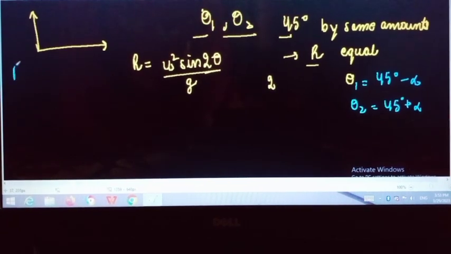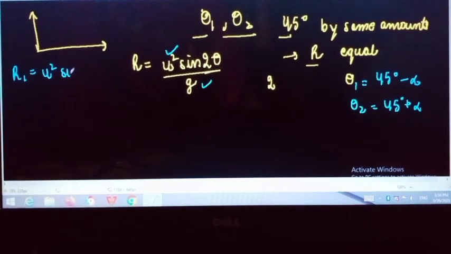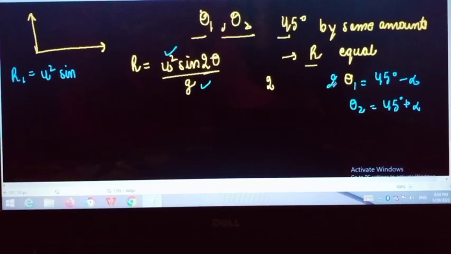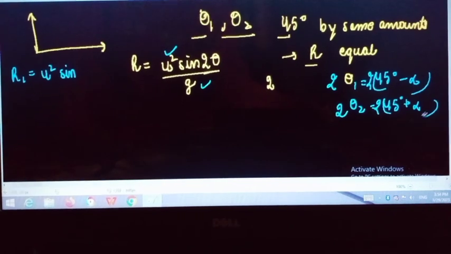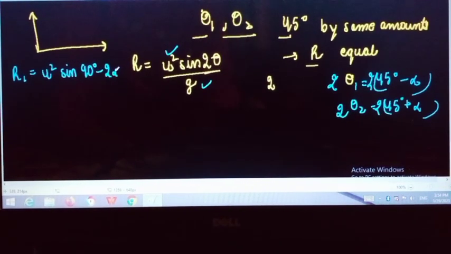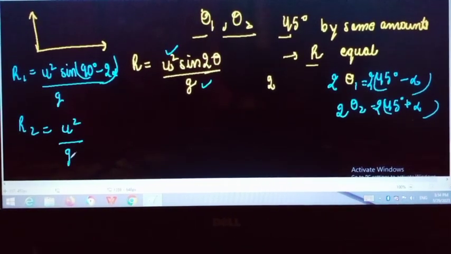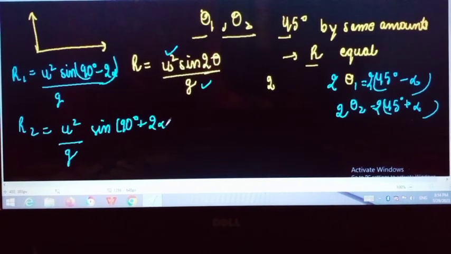Let's substitute it in R1 and R2. It is u square upon g, keeping them unchanged, sine, multiplying them, what we get, 90 degree minus 2 alpha. And what is R2? R2 is u square upon g, sine 90 degree plus 2 alpha.